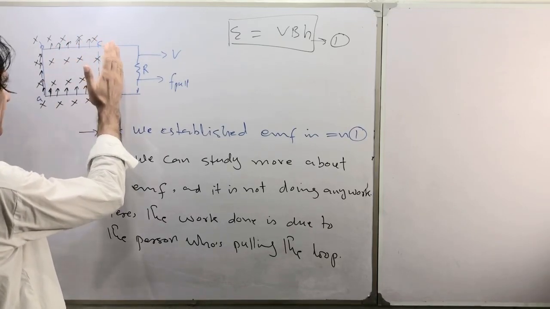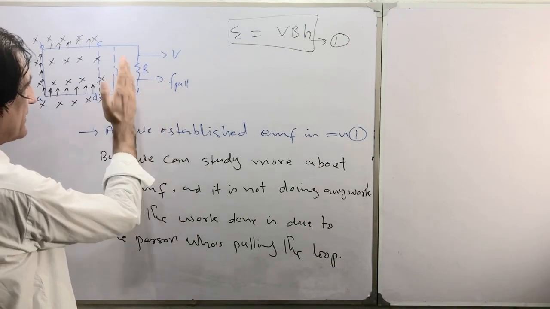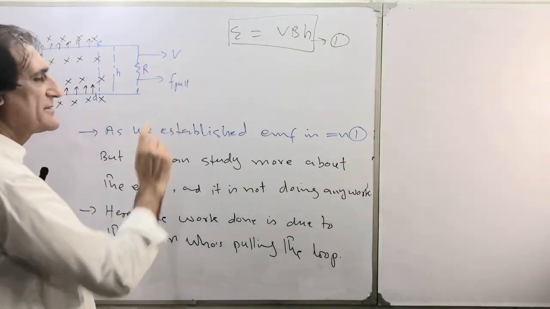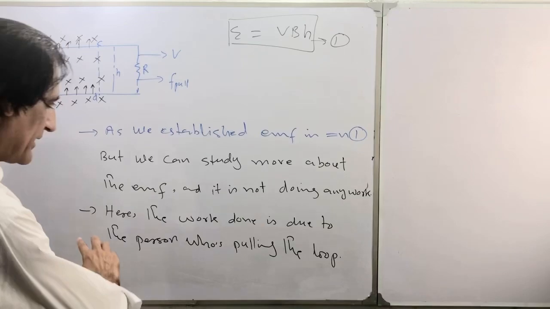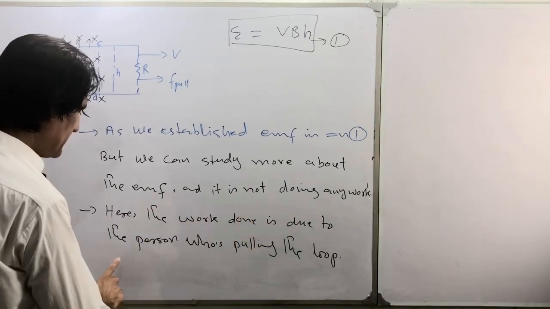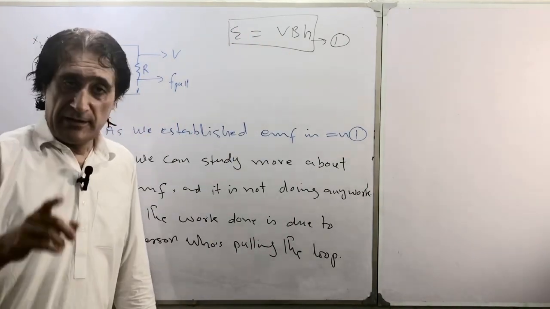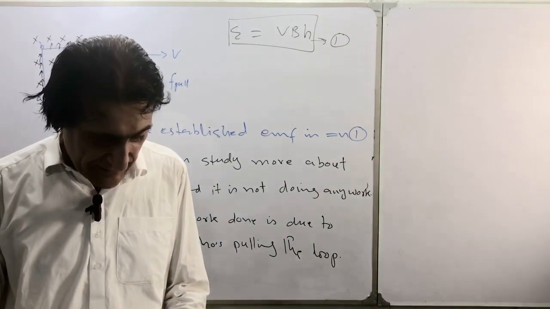So who is responsible when somebody pulls this loop to the right? Then this person is responsible for the work. So I have written this here. The work done is due to the person who's pulling the loop. The person is responsible for doing this work.